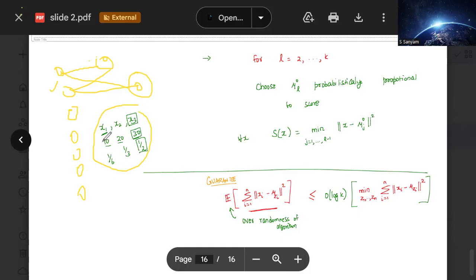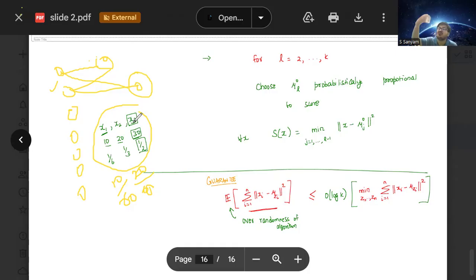So we have Sx scores such as 10, 20, and 30. Then 10 by 60, 20 by 60, and 30 by 60, suppose you have three data points. This is the chance of x1 being the next cluster mean, x2 being the next cluster mean, x3 being the next cluster mean.